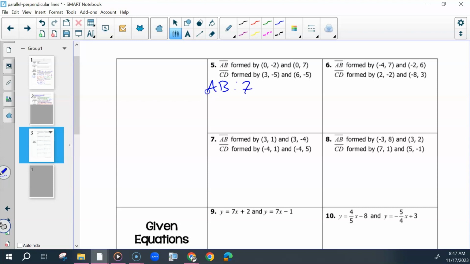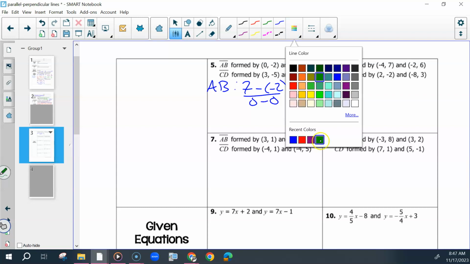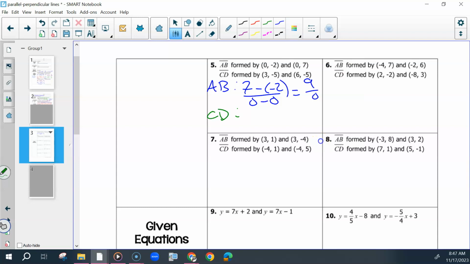We have 7 minus negative 2 over 0 minus 0. 9 over 0. And then negative 5 minus negative 5 over 6 minus 3.